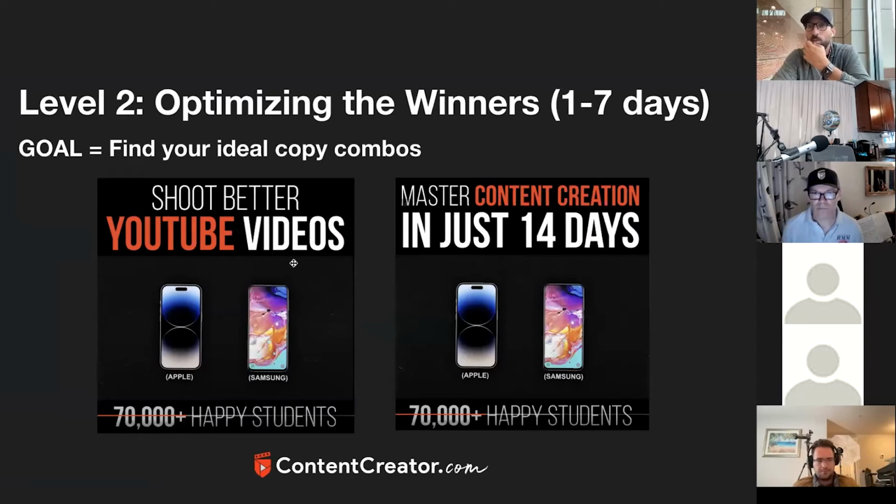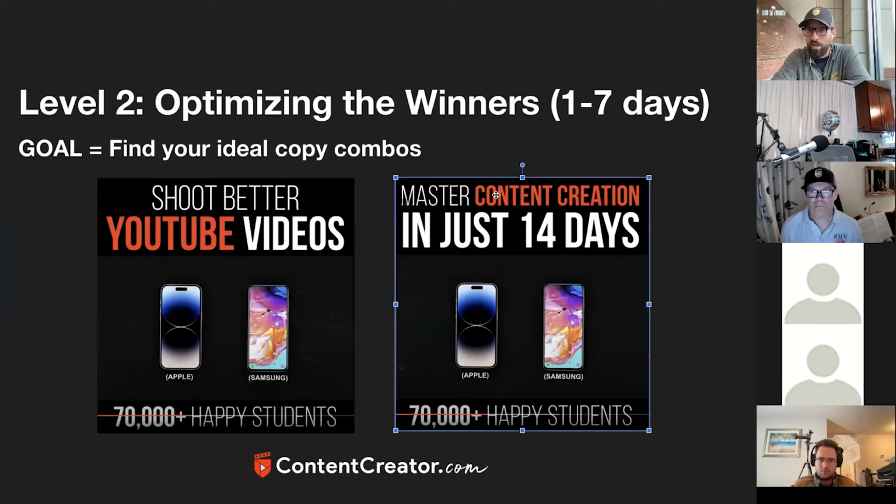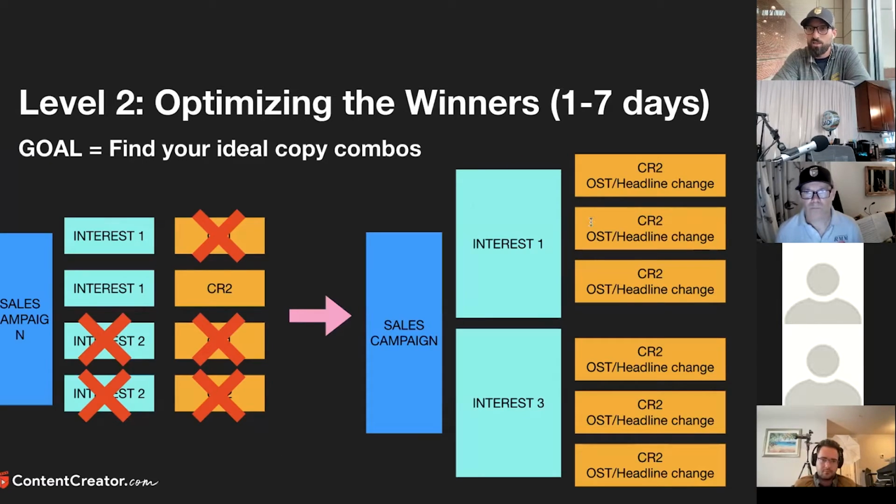Looking at this example, let's say this was creative 2 with the first headline, right? Maybe this headline just performs twice as good just by changing that headline. So what we want to do at this stage is test out some of these headlines to see what our overall messaging should be throughout the duration of this campaign.